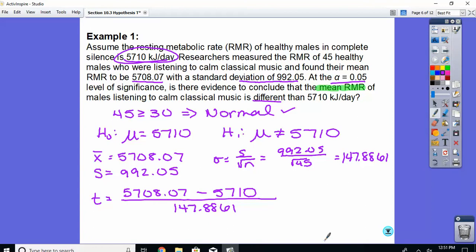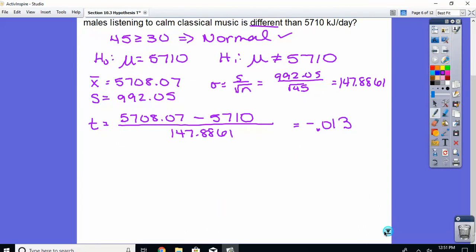This will give us our t value. So I get negative 0.013. That's the same no matter which approach you're taking. That's your starting point.